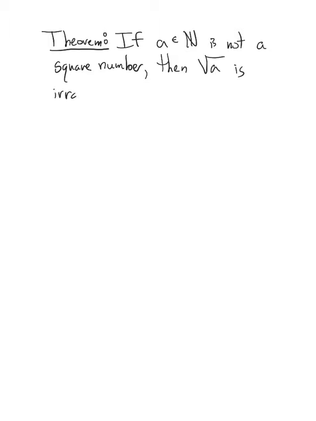If A, which is a natural number, is not a square number, then the square root of A is irrational. So that's what we're going to prove. So the square root of any non-square number is irrational.